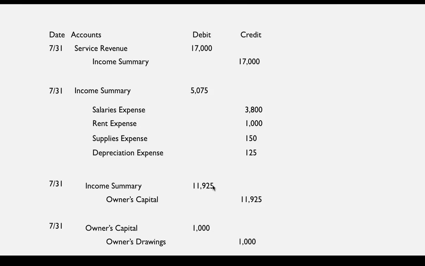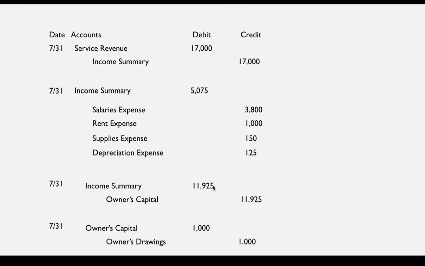I want to talk about the third and fourth ones real quick here. So the third closing entry, when we close income summary, you may hear or see that be called closing your net income. That $11,925, that was our net income amount. If you credit owner's capital, you are increasing the balance in owner's capital.